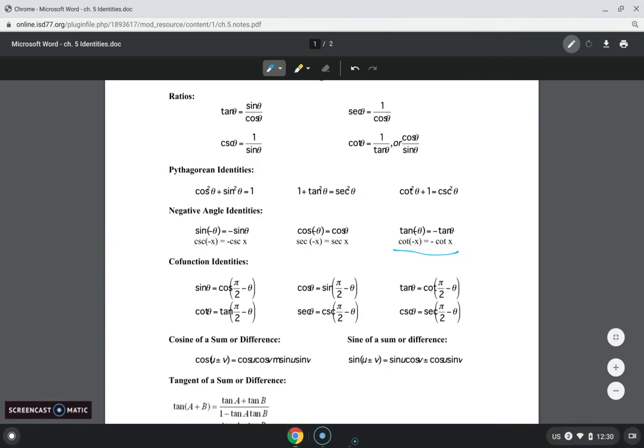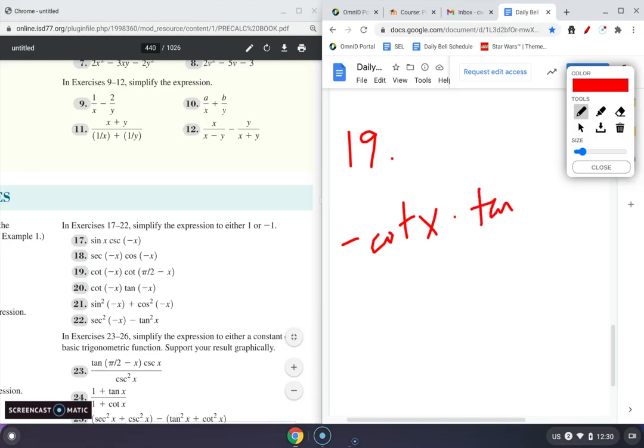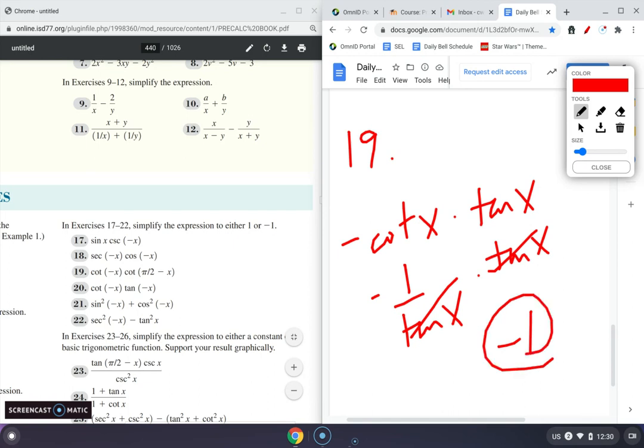The cotangent of pi over 2 minus x right here is the same thing as the tangent of x. Well, negative cotan is negative 1 over tan times tan, cancels out. You're left with number 19 with negative 1.